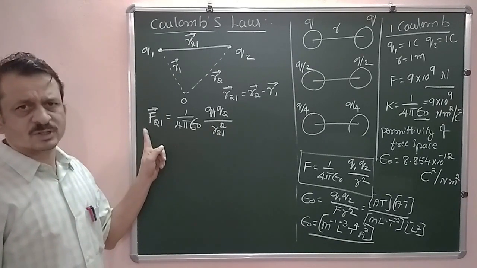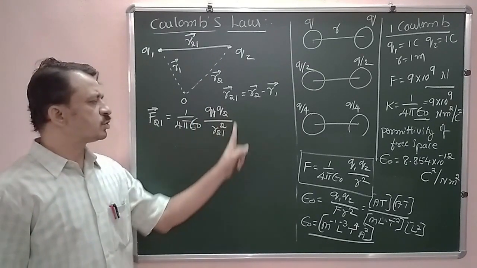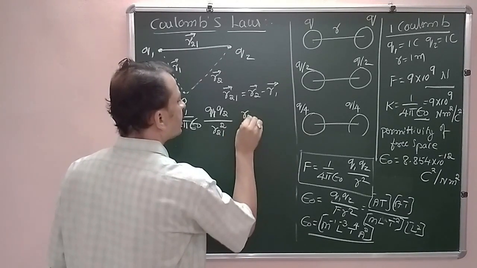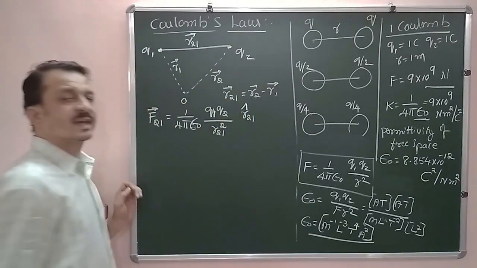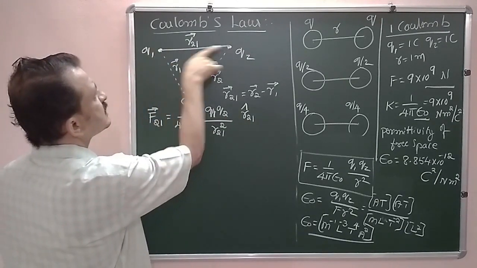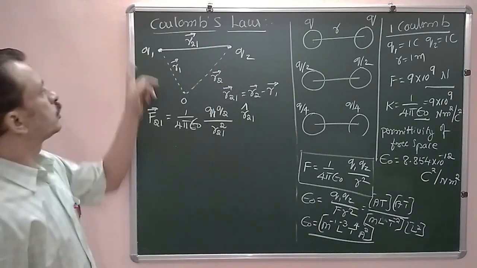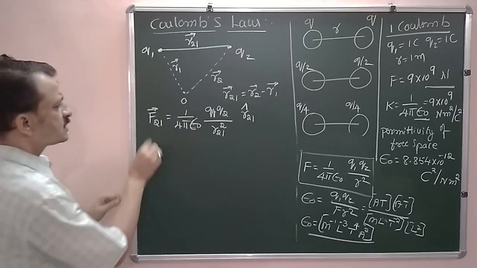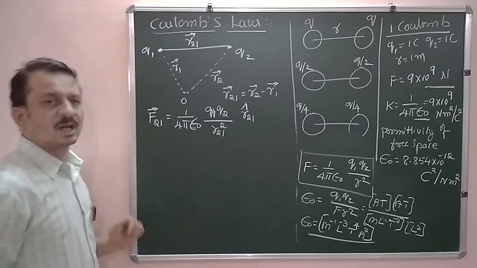Since the left hand side force is a vector quantity, the right hand side should be a vector quantity. Therefore, we are using a unit vector R21 cap, where R21 cap is a unit vector along Q1 to the charge Q2. Now, this is the vector notation of Coulomb's law.